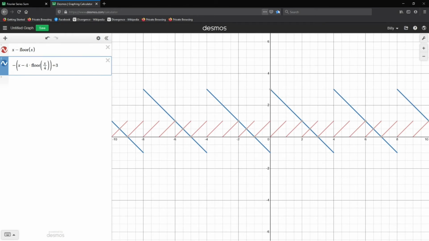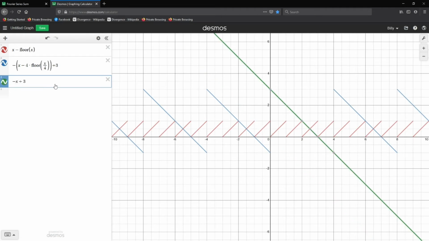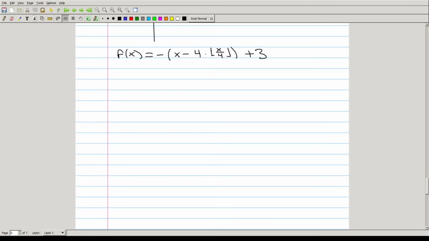So you can see, just by plotting this out, that it's going to be negative x plus 3. So on this interval, these two things are identical. This will be essential when we go through and calculate the coefficients.